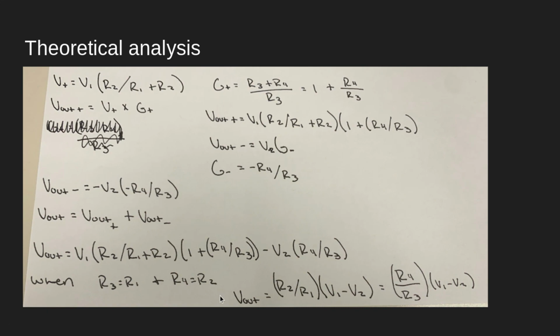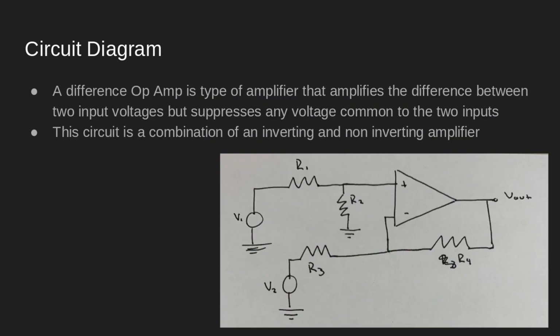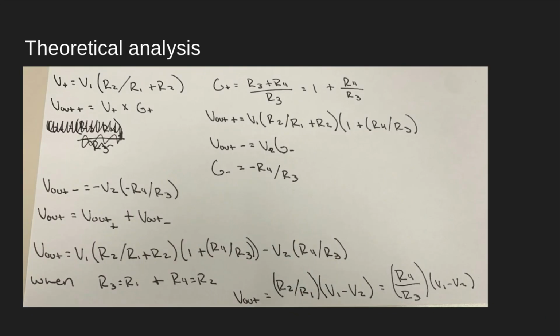But in the circuit that I built in this slide, I just made all my resistors equal to 10,000 kilo ohms. From this equation, we can simplify to my output voltage being R2 over R1 times V1 minus V2, which equals R4 over R3 times V1 minus V2.